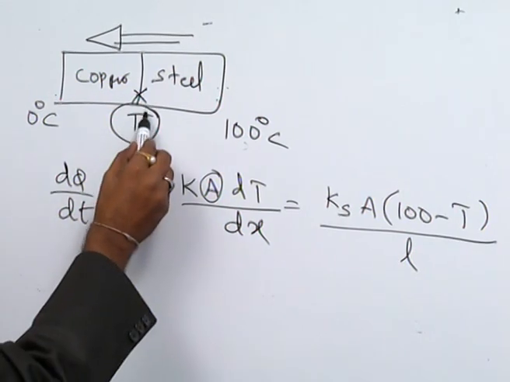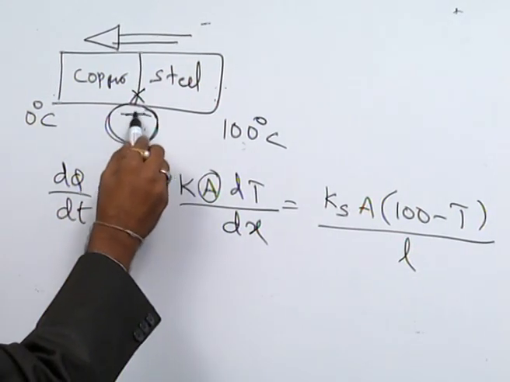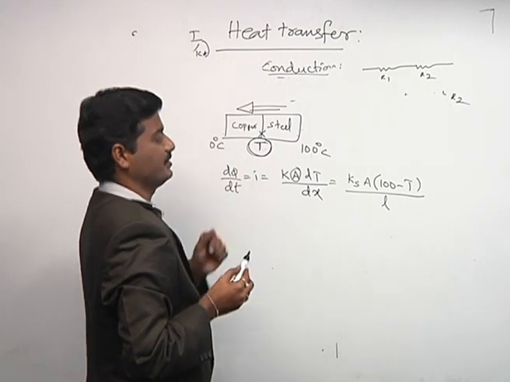This is our assumption, our target variable. We have to find the T value at the junction.